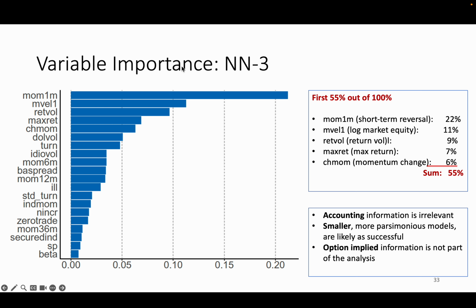Although it's not a PCA, I understand PCA. So I know that a 22% importance is pretty major, because it means the other 899 variables capture 78% of the importance here.